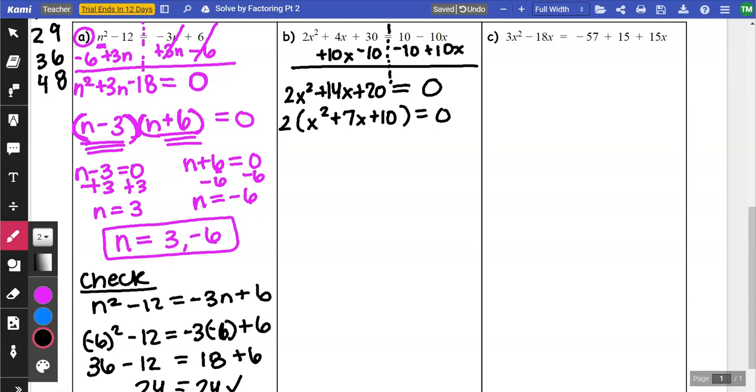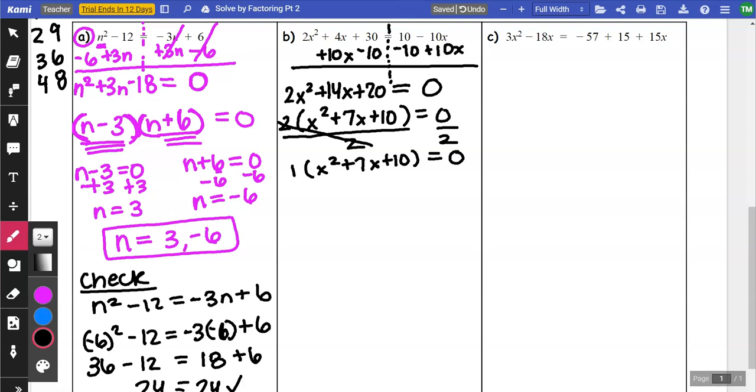So the 2 isn't going to help us solve for x. So I'm going to show you a little trick. This says 2 times this, right? What's the opposite of multiplication? Division. So what if I divide both sides by 2? Well, what's 2 divided by 2? 1. So if I have 1 times x squared plus 7x plus 10 is equal to, what's 0 divided by 2? 0.